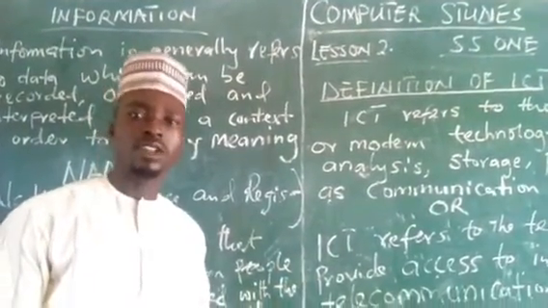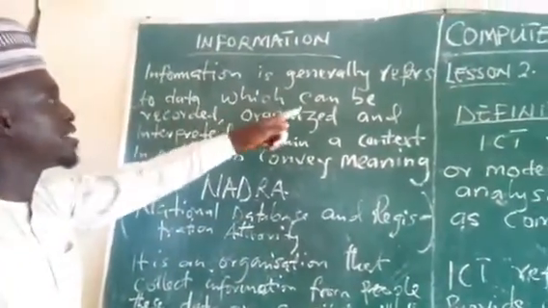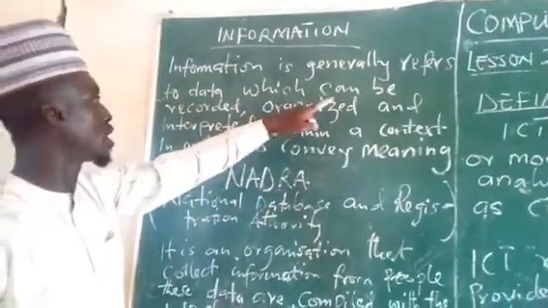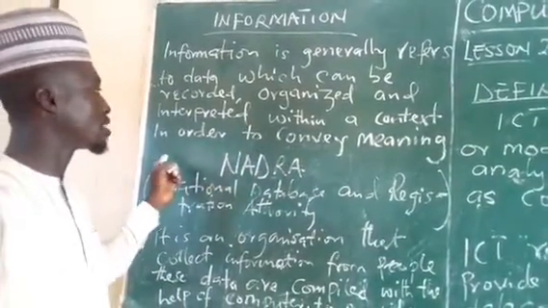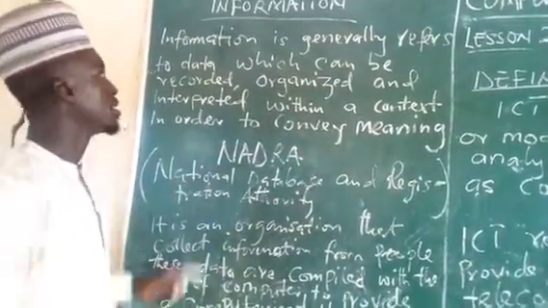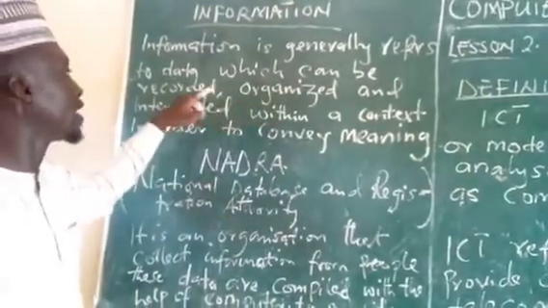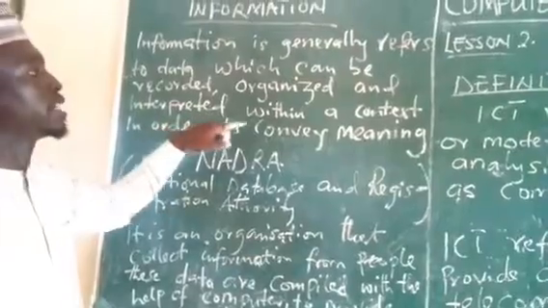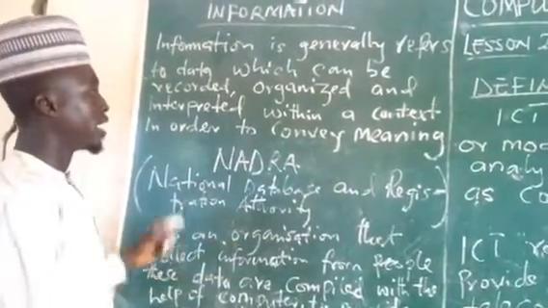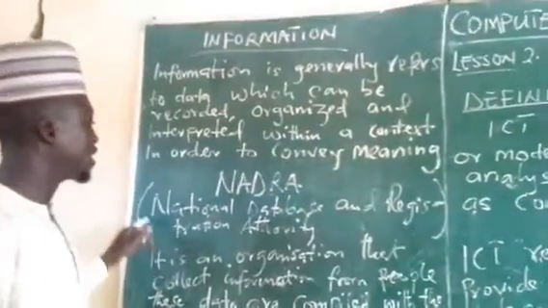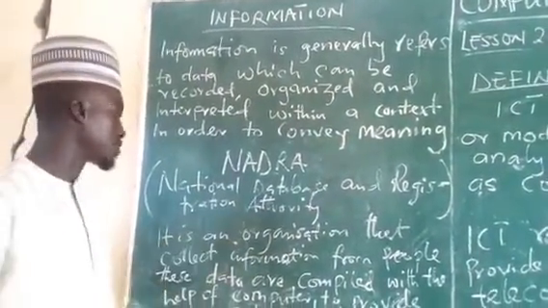Alright, let's check the definition of information. Information generally refers to the data which can be recorded, organized, and interpreted within a context in order to convey meaning. Example, NADRA, National Database and Registration Authority.